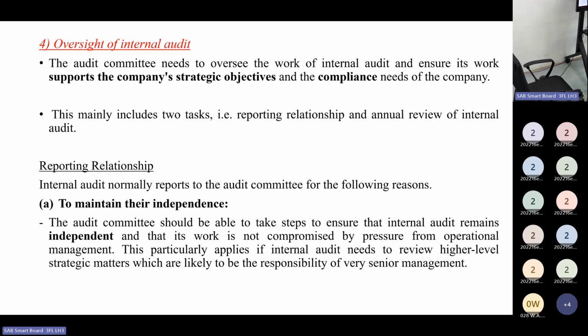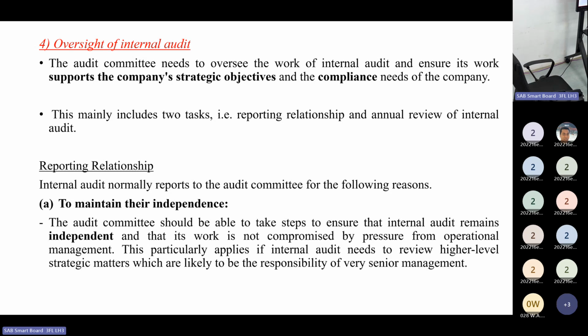If they were reporting to the management, what would happen? What do you think would happen? If the internal audit function had to report to management, what sort of situation would exist? The things being reported would be the management's own issues. Am I correct? Right?